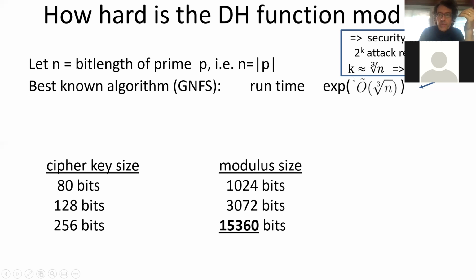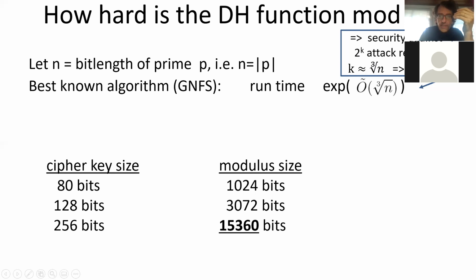That means that k has to be roughly around, so I'm ignoring constants and other lower order terms. This is by the way O tilde, which means that there are some lower order, not just constants, but some logarithmic terms in here. But let's just ignore them for now and say this is approximately this much, in which case the exponent here would have to be approximately the third root of n. n is the bit length of this prime.